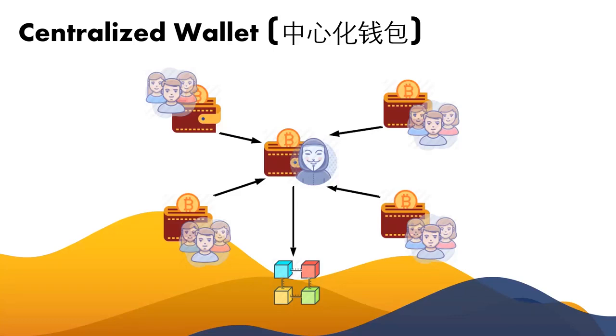You can look at centralized in this way, where all the wallets are stored in one single centralized server, and this single centralized server will control all the assets from the various wallets to write into a blockchain, which means the centralized server will have to tell each individual wallet how much they have. That is not from the blockchain, but from a database.